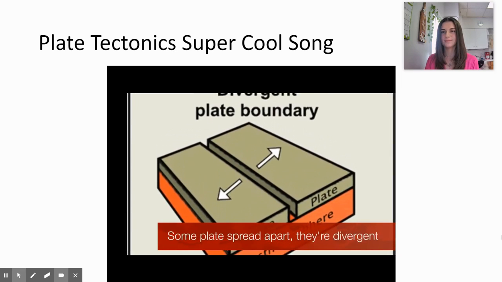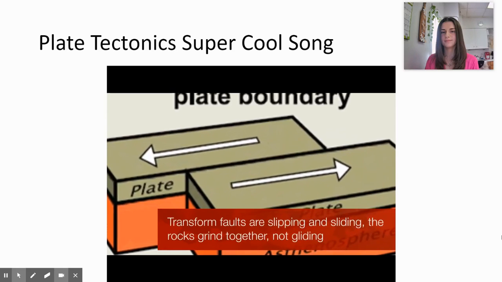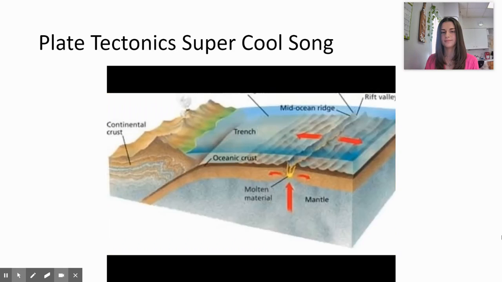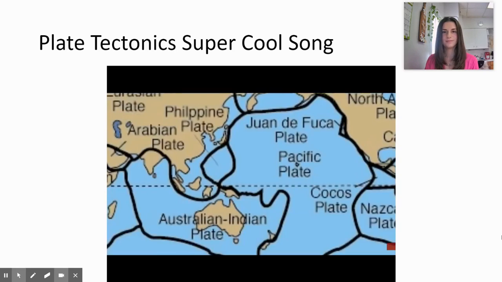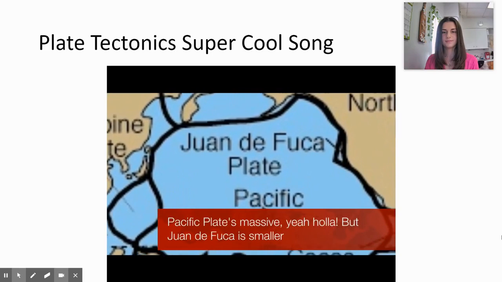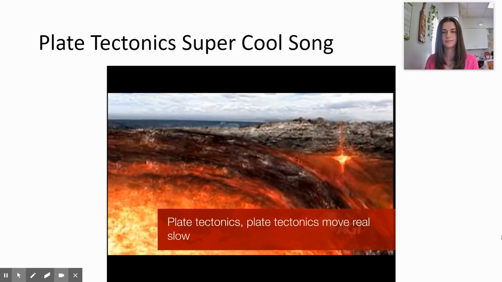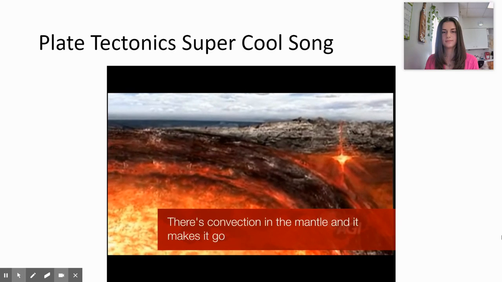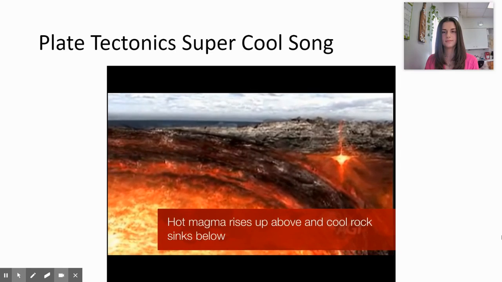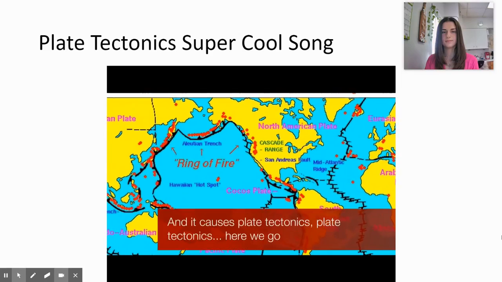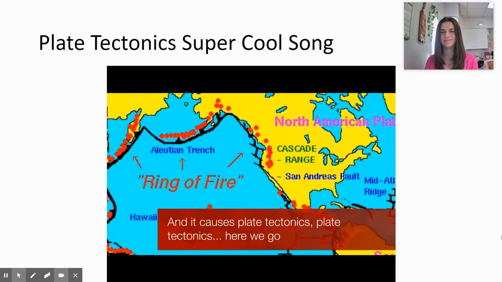Some plates spread apart, they're divergent. Some plates move together, convergent. Transform faults are slipping and sliding. The rocks grind together, not gliding. Oceanic crust is the densest of the crust, but the continental crust is thicker and taller. The Pacific plate's massive, but the Juan de Fuca is smaller.